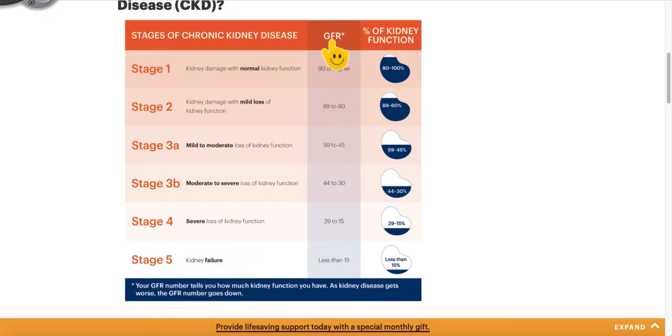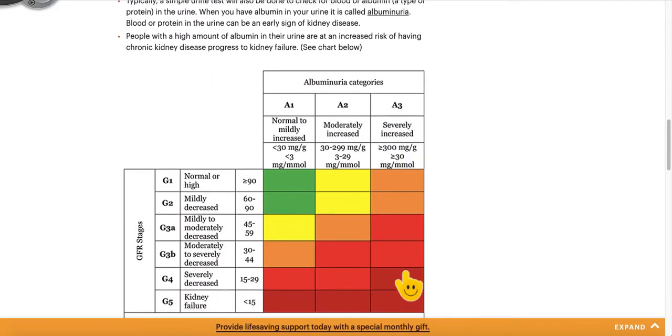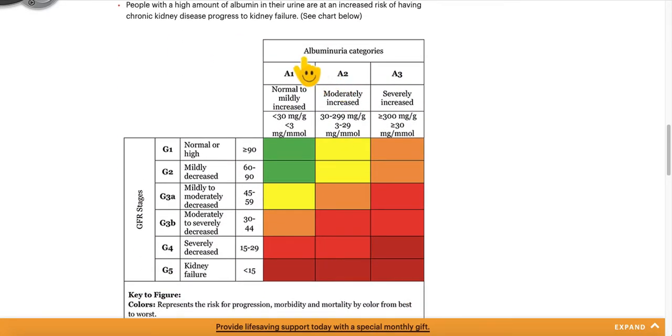So notice that the glomerular filtration rate, or the GFR rate, varies according to this rate. So if you have a GFR rate that's less than 15, that means that less than 15% of your kidney is working properly, okay? And if you look at this chart right here, this is the albuminuria category. So this is the amount of albumin or protein in your urine.